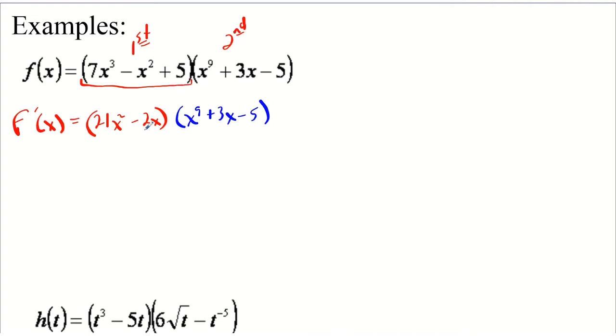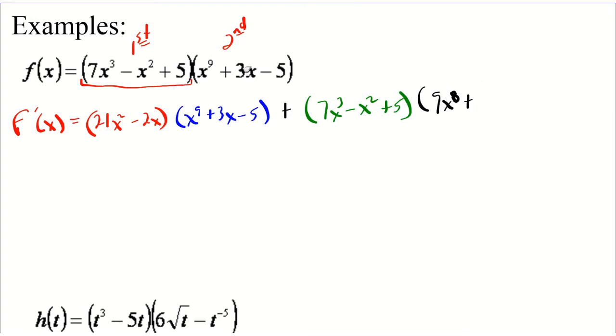There's the derivative of the first multiplied by the second plus the first. Just rewrite this one: 7x cubed minus x squared plus 5. There's your first. Now multiply that by the derivative of the second, which would be 9x to the 8th plus 3x minus 5. No, sorry, I'm ahead of myself here.